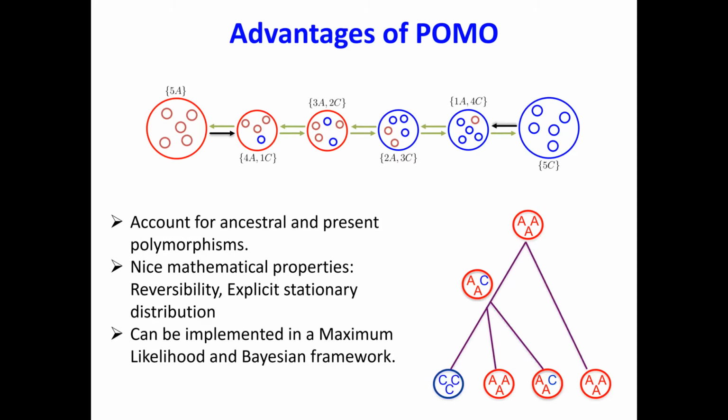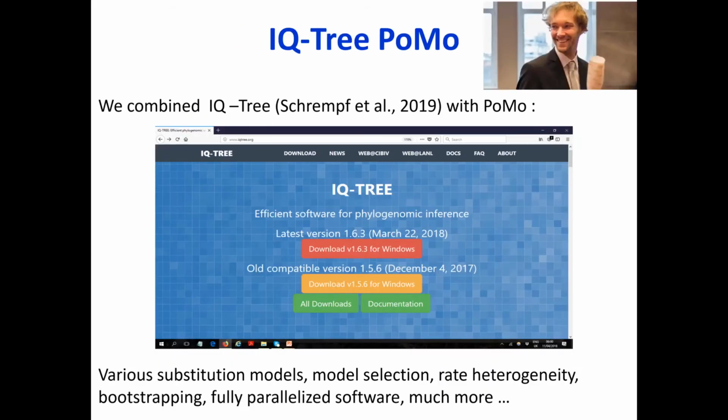I'm going to start off with the maximum likelihood implementation of POMO. So Dominik Schrempf, who gave the workshop in the morning, implemented the POMO models into IQ-TREE. We've chosen IQ-TREE for several reasons. One is, well, this is also a virtual, but it's still a Vienna workshop.